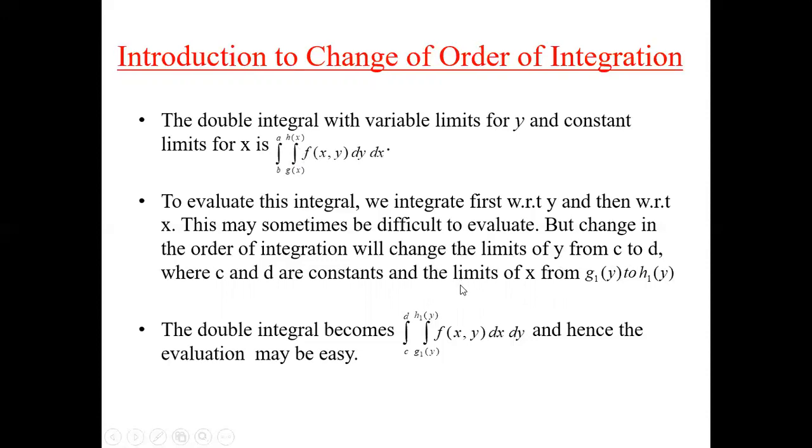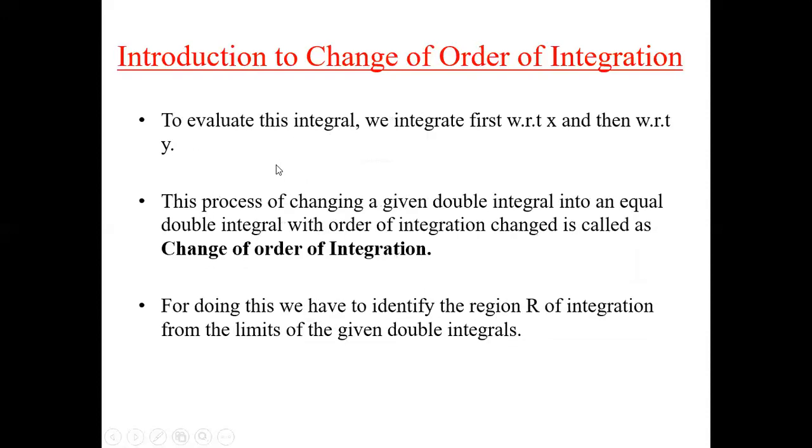That constant limits may be c and d. And the limits for x, which are the constants here, will get converted to the functions of y. And those functions of y are given by g1 of y and h1 of y. And hence, the evaluation may become easy. Then in that case, to evaluate this integral, we integrate first with respect to x and then with respect to y.